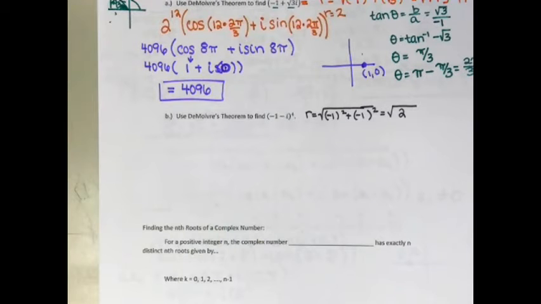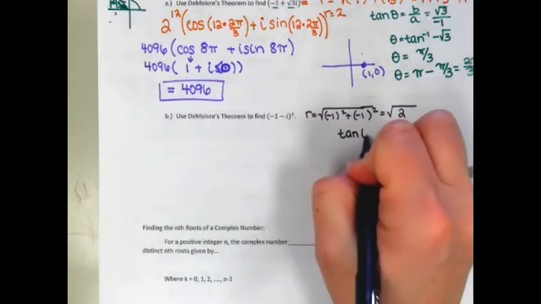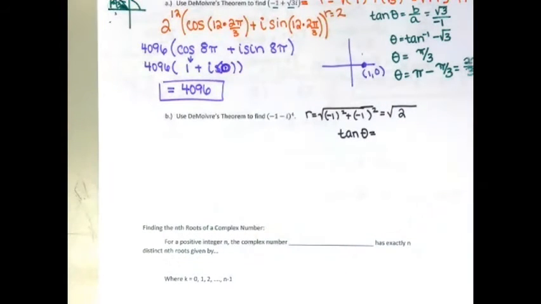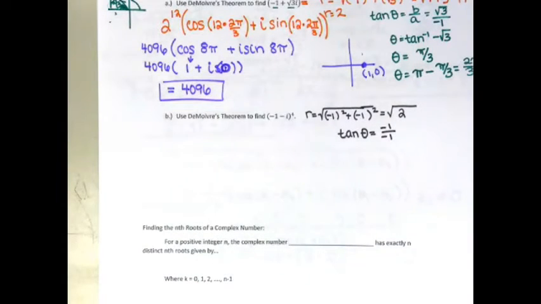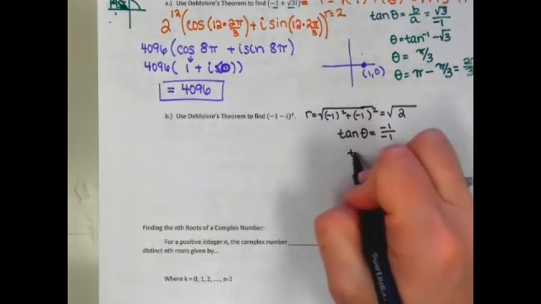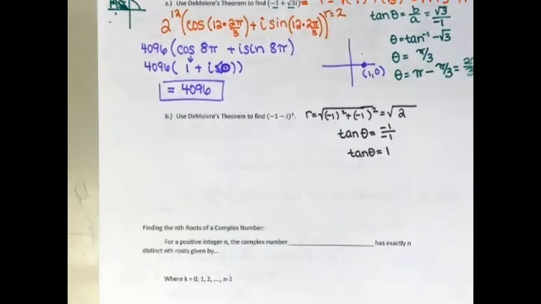Okay. Now, let's find our theta. So tangent of theta would equal B over A. And what's my B? -1 over -1. So the tangent of theta would equal 1, right? You guys okay with that? And since my tangent is opposite over adjacent, which is 1 over 1, the same thing, what type of triangle do I have if the legs are the same? 45-45-90.